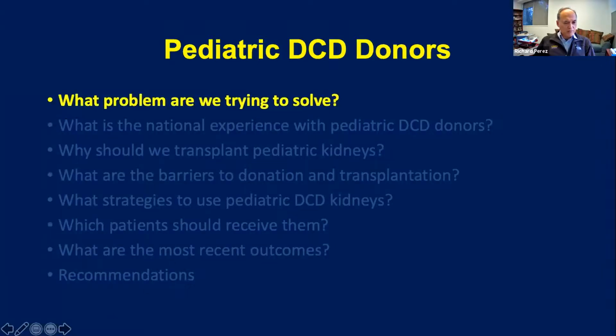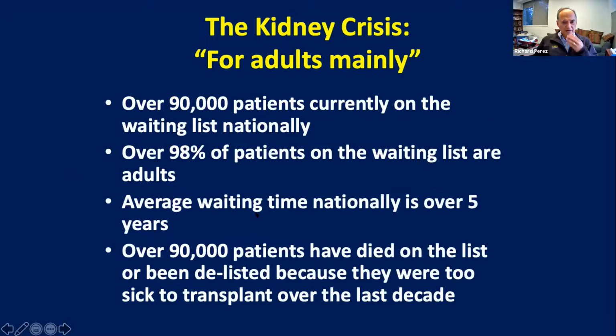So what's the problem that we're trying to solve? It's a little different than the other pediatric organs because, as was mentioned, size and age matching is important for the thoracic organs and liver, but for kidneys, it's not so.